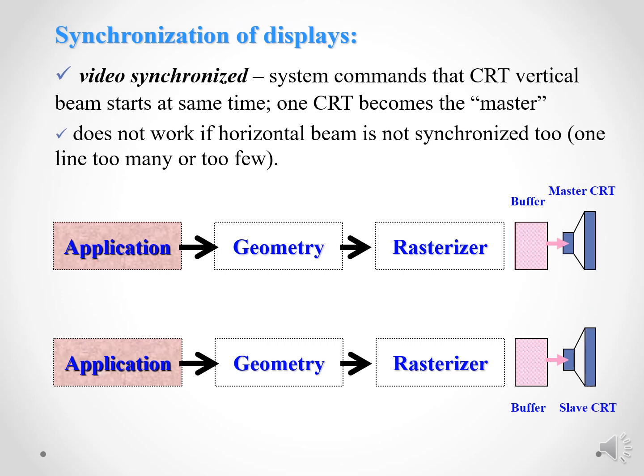The third solution is using video synchronize. In this solution, the system will command that the CRT, the cathode ray tube, vertical beam starts at the same time. One cathode ray tube becomes the master, and one becomes the slave CRT.